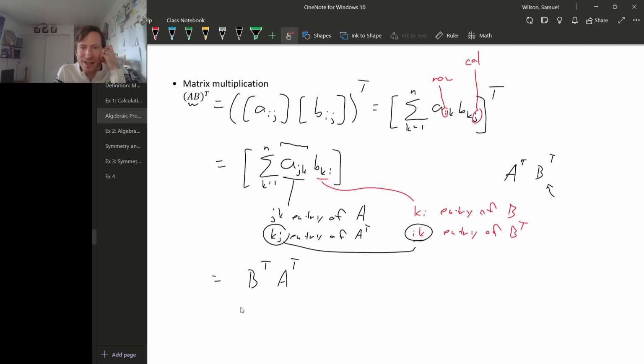So we have I, K, and K, J. So this formula is actually that matrix product. So matrix multiplication and the transpose hits both matrices, but it actually also switches the order that they're in, which is a little bit weird.